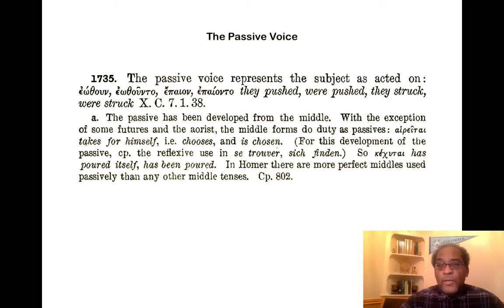And so too, kekutai, as middle, has poured itself, but as passive, kekutai has been poured. And he has this final note that in Homer, there are more perfect middles used passively than any other middle tenses. So Homer likes to use the perfects of the middle passively more than any other tenses.